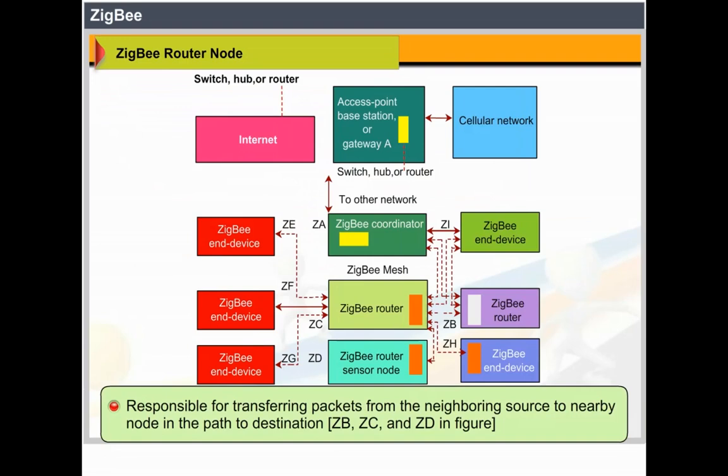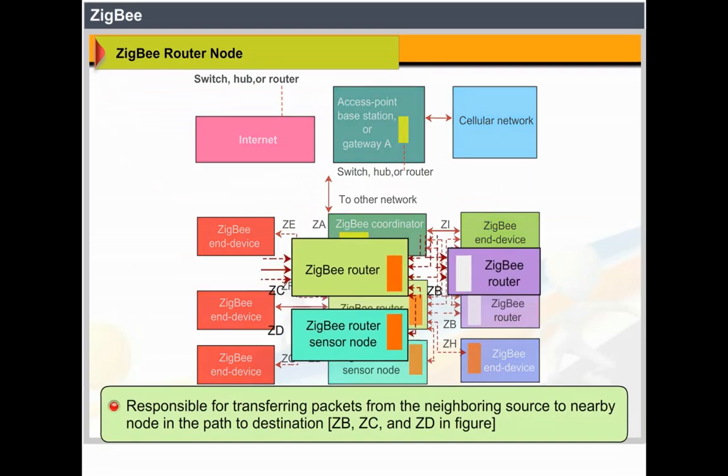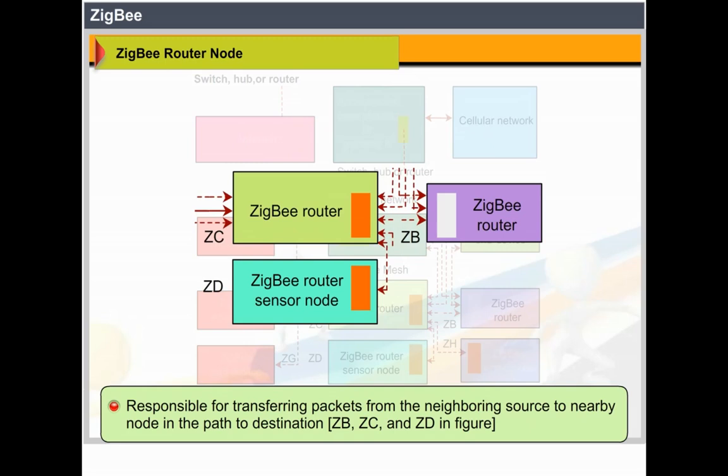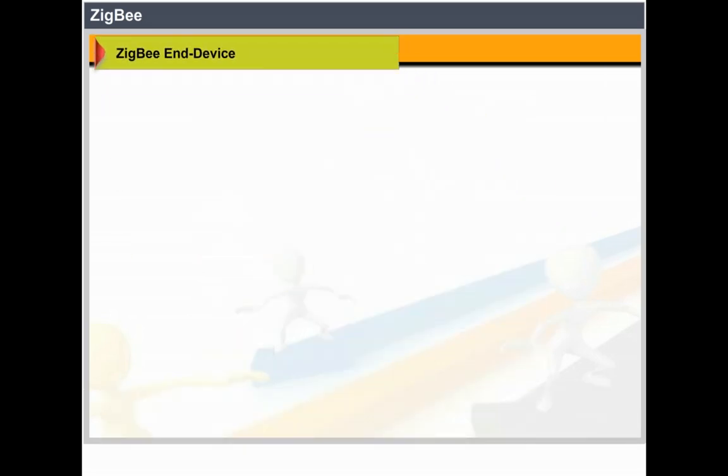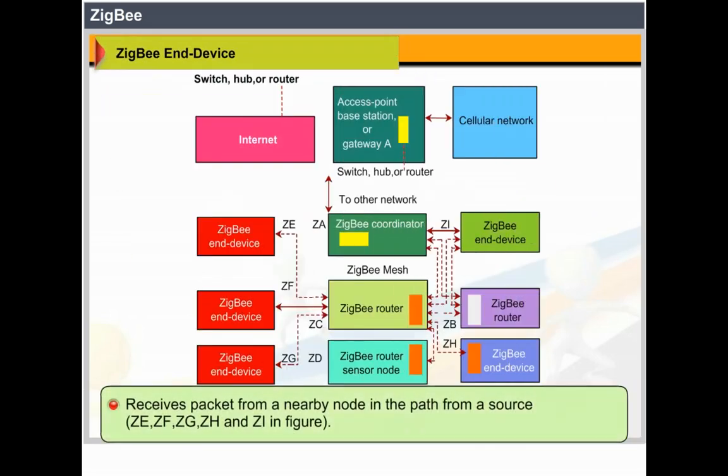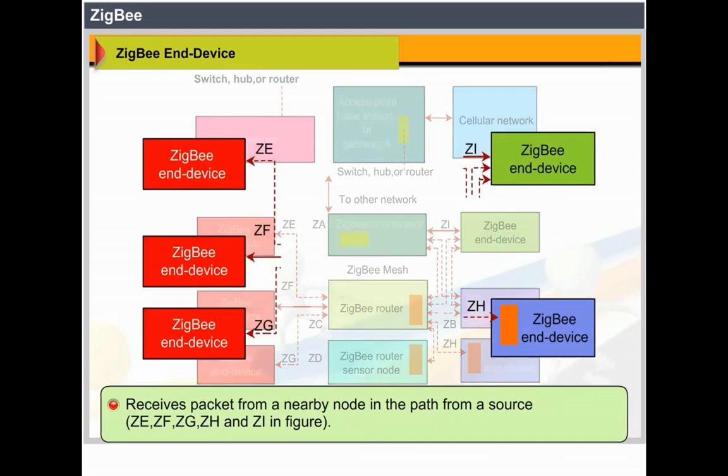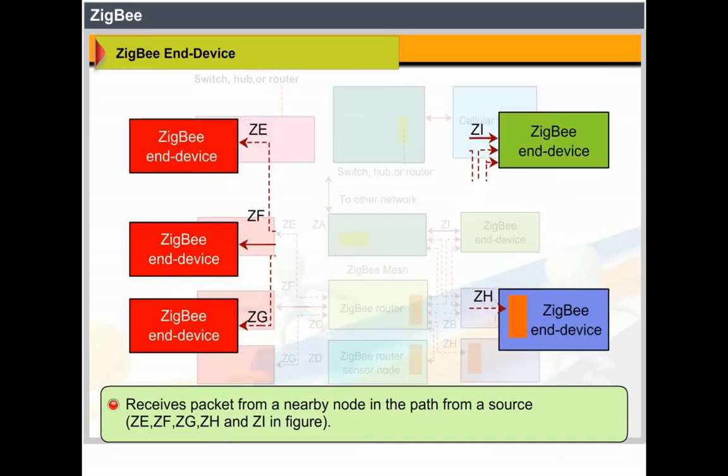Responsible for transfer of packets from the neighboring source to the nearby node in the path to destination, ZB, ZC, and ZD in figure. ZigBee end device. Receives packets from a nearby node in the path from a source, ZE, ZF, ZG, ZH, and ZI in the figure.